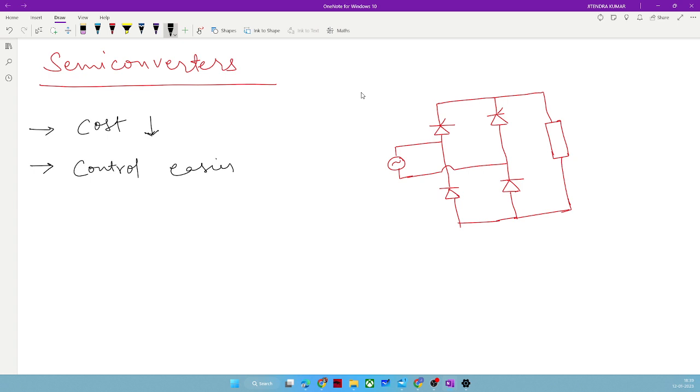So how does it operate? That is what we will see. Let us assume again a standard T1, T2 or D2, T3, D4. This particular configuration is known as symmetric.